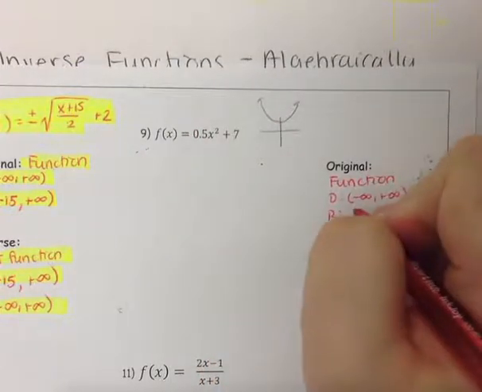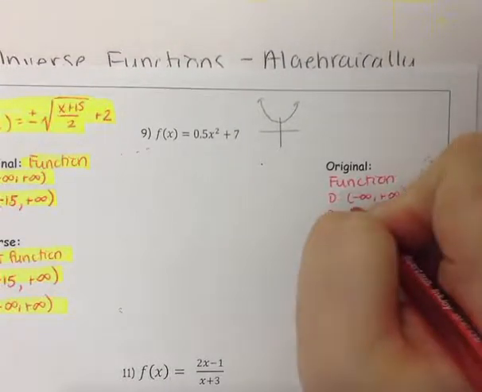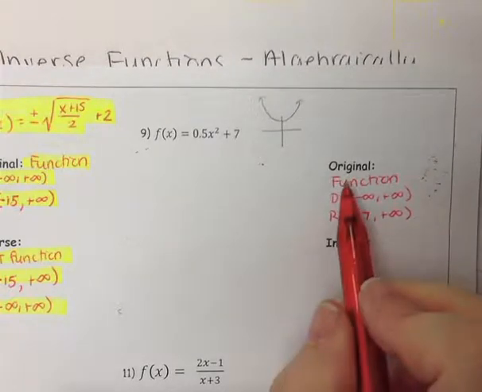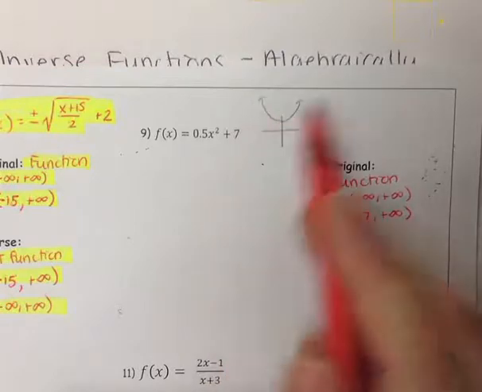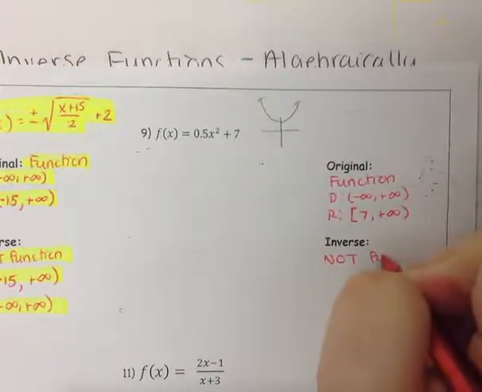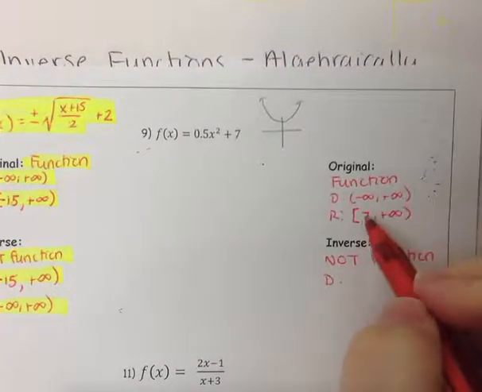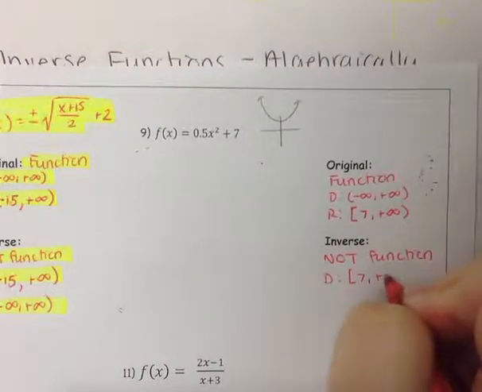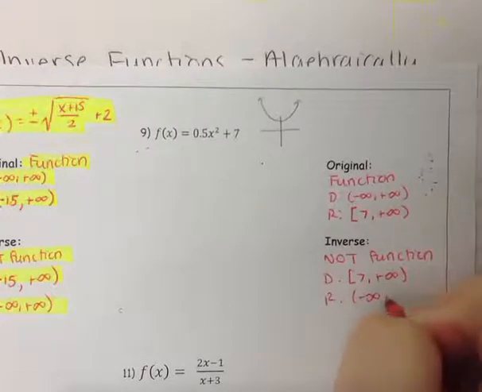So our range is going from positive 7 to positive infinity. So we can actually answer all the inverse information. The inverse will not be a function because the original does not pass the horizontal line test. The domain will be the original range, that's going to be 7 to positive infinity. And the range will be negative infinity to positive infinity.